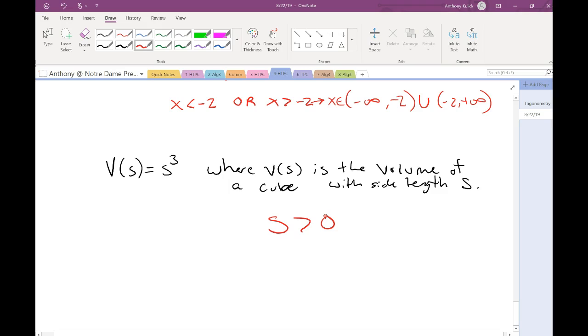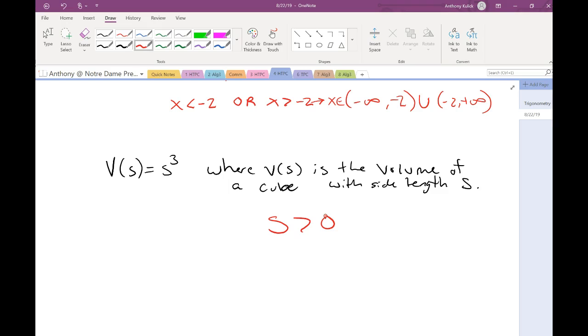Everybody okay with that idea? Now, I'm not positive on the text definition of a cube, whether that would include something with zero side length that's basically just a single point. If you gave me S is greater than or equal to 0, I'd probably count that as well, as it's not really clear whether I'm including that single point as a cube or not, at least in this context without a very careful formal definition of what we mean by a cube.